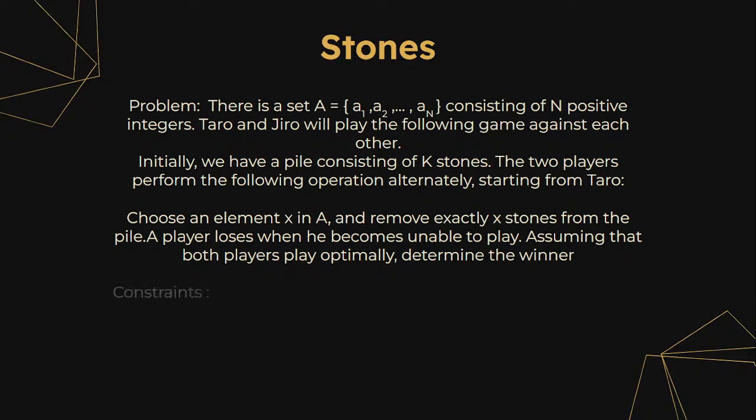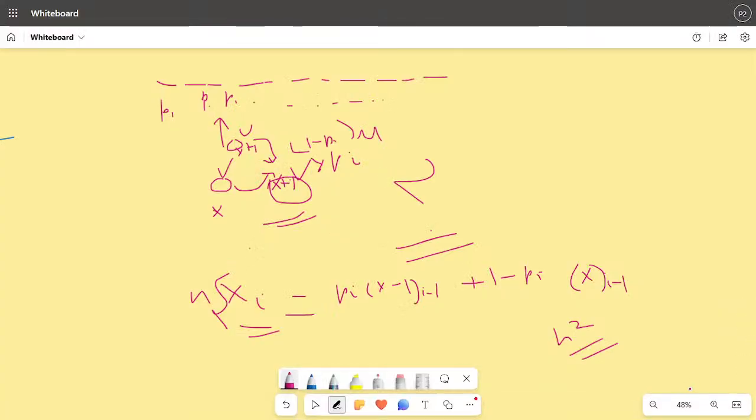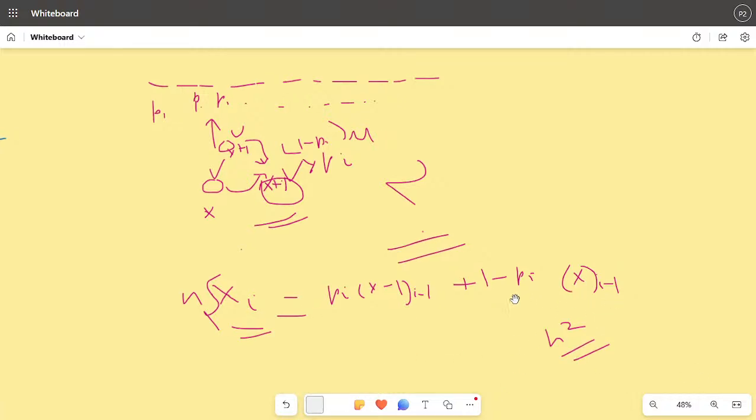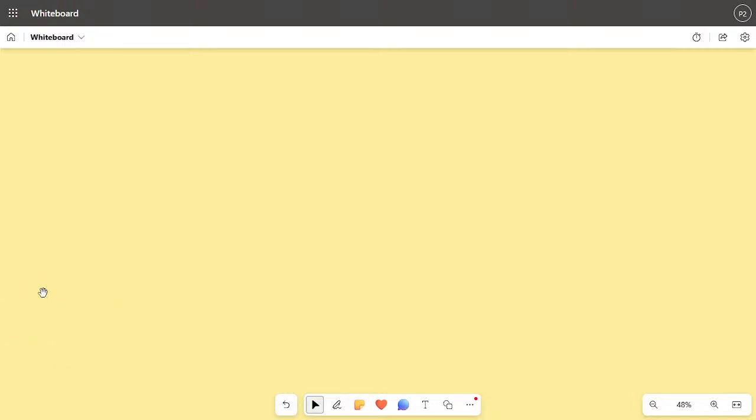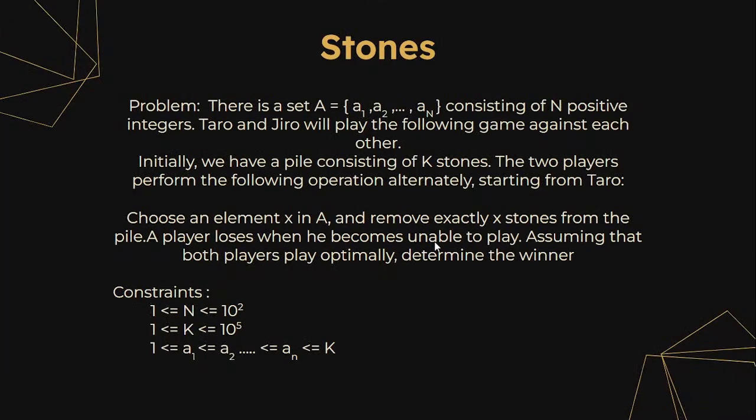Okay, so let's also look at constraints. N is 100, K is 25, all the values are less than or equal to K. So what is the question? This question, first of all, obviously involves some game theory, as we have to think what the two players will do, what the two players will want, and so on.